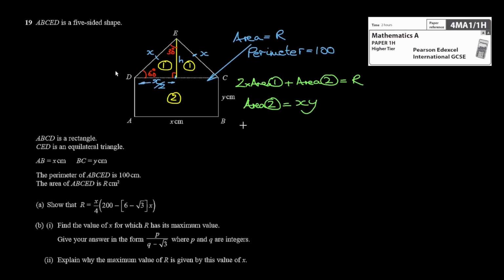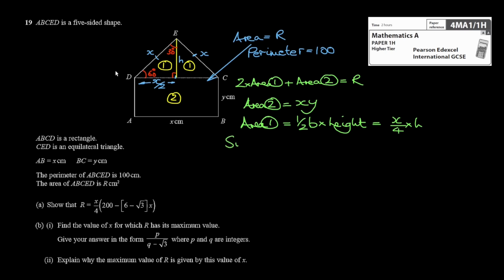Okay, area 1 is equal to a half the base multiplied by the height, which is equal to the base being a half x, so this is x over 4 multiplied by h. So what about h? Well, h can be found by the fact that we have an opposite and a hypotenuse, the sine relationship of 60.